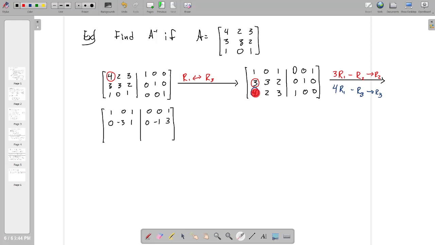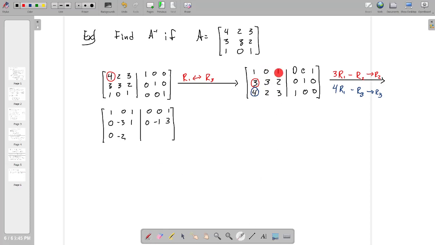Now I want to get a 0 here in this row. So we do 4 times row 1 minus row 3. 4 times 1 is 4. 4 minus 4 is 0. And again, we got a 0 exactly where we wanted it, because we wrote this out specifically to get a 0 here. 4 times 0 is 0. 0 minus 2 is negative 2.